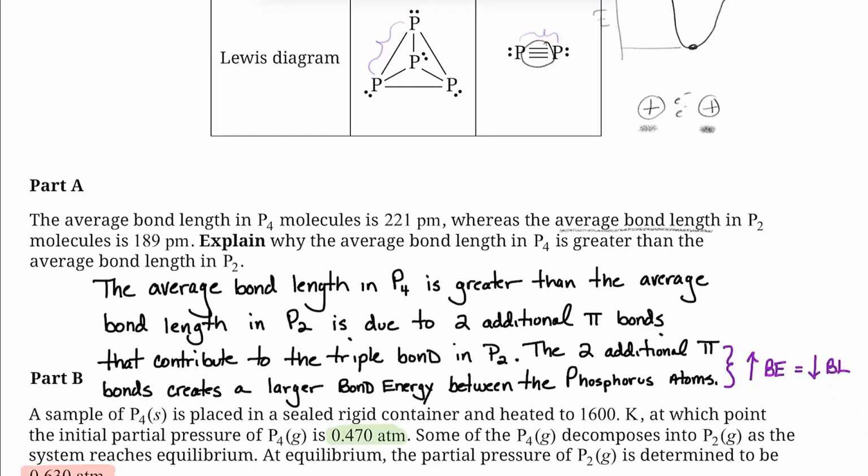You guys should recognize the first bond, the single bond that originates between these two, is a sigma. The sigma is a direct overlap of orbitals, and that creates electron density right in between the 2 nuclei.